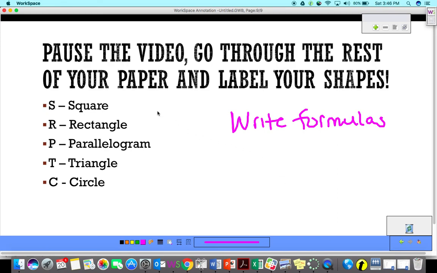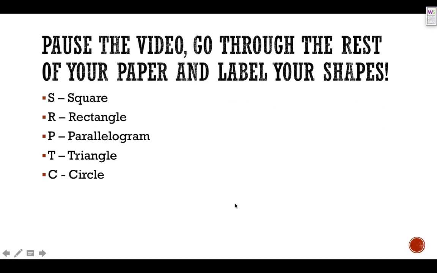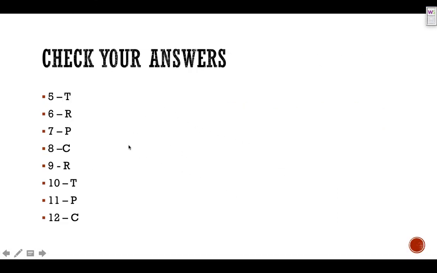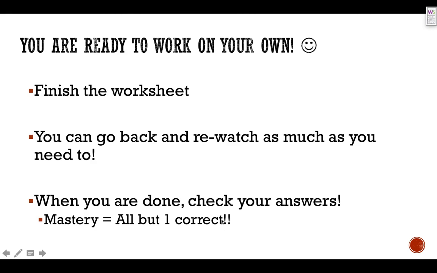Once you've written the formulas for each shape, go ahead and check your answers and make sure you have the right shapes. Once you've done that, you may finish the worksheet. Please feel free to come back and watch this as much as you need to get any clarification, or to watch previous videos if you don't understand how to find the area of certain shapes. When you are all done, please check your answers. Mastery means everything but one was right.